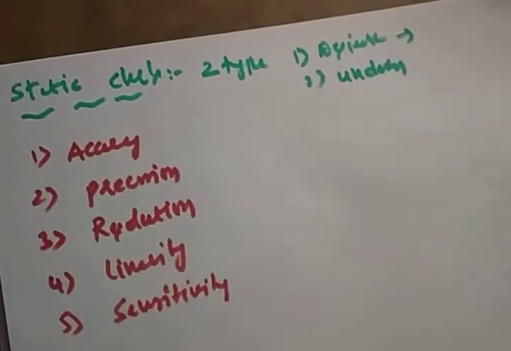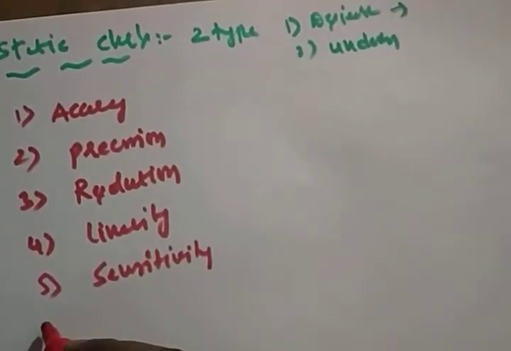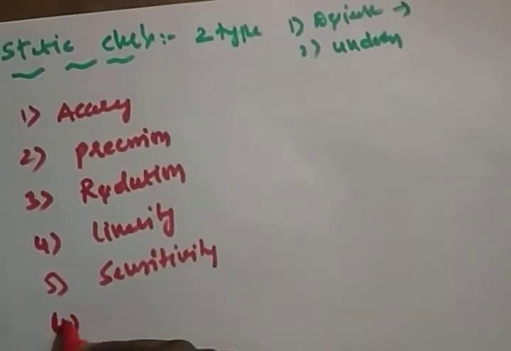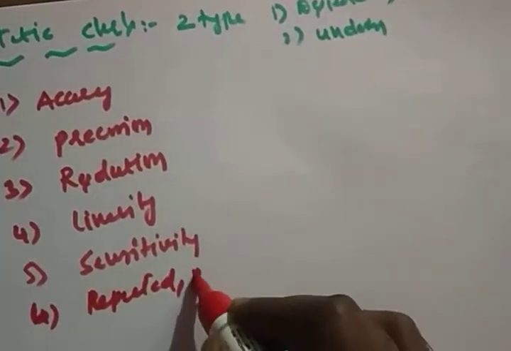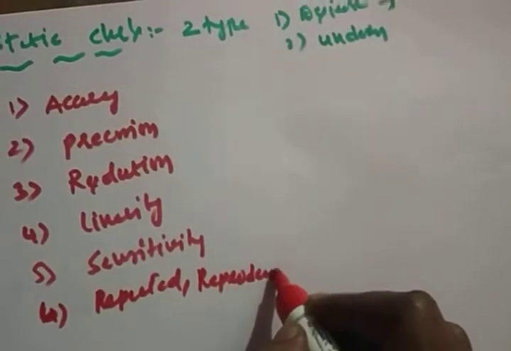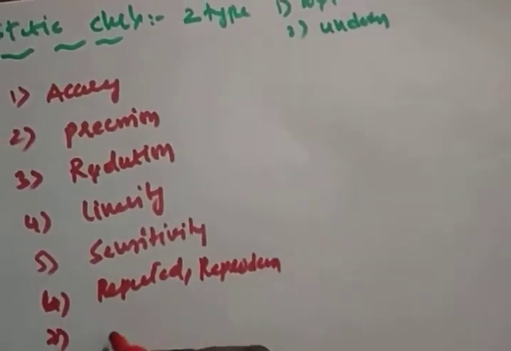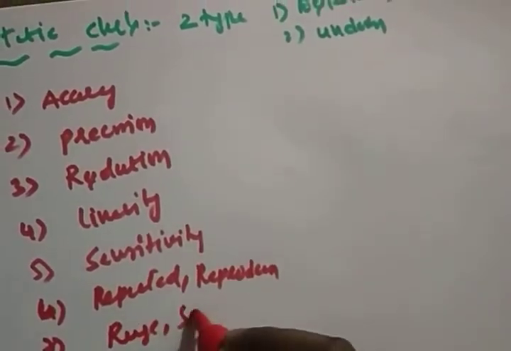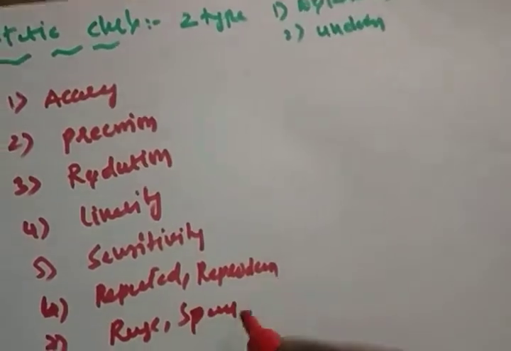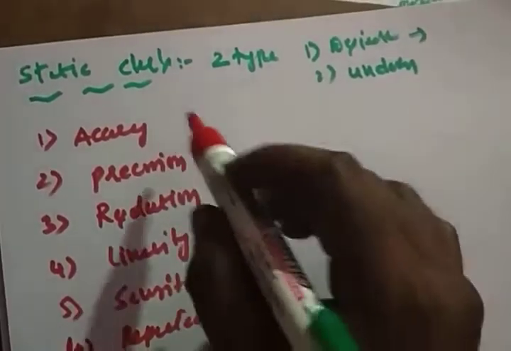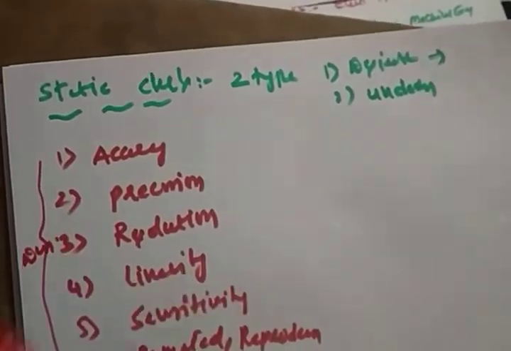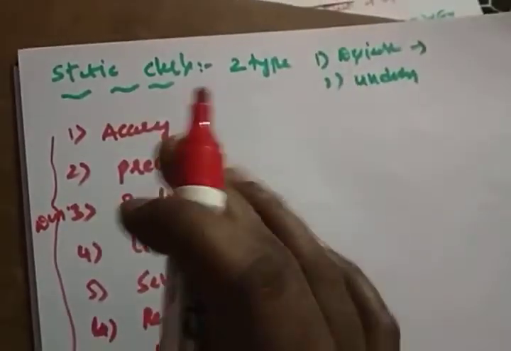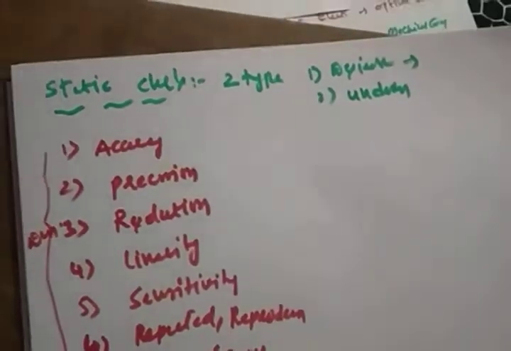A sensor is nothing but an instrument. Sixth one is repeatability, reproducibility, and range, span. Right? So these are desirable characteristics. These are desirable. That means we require these characteristics in an instrument.